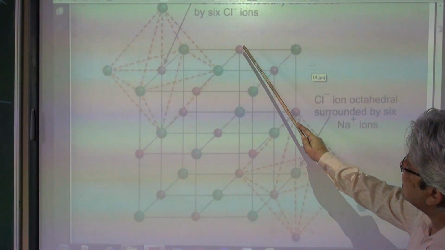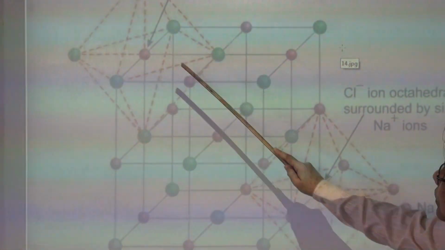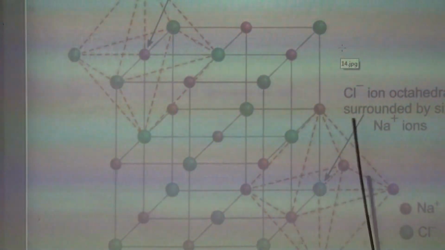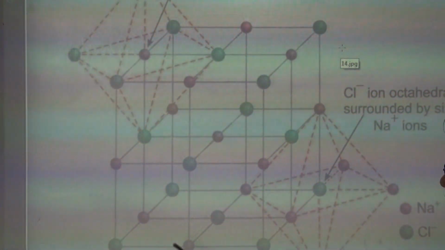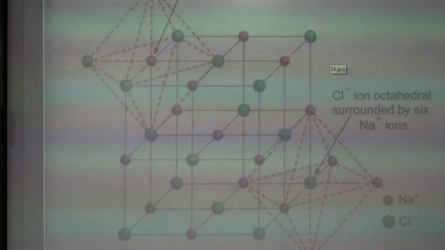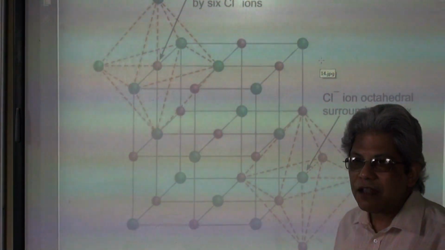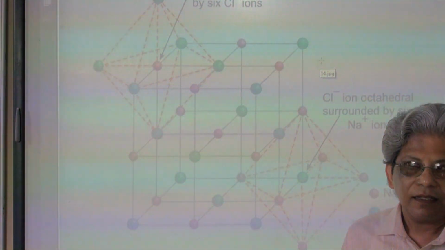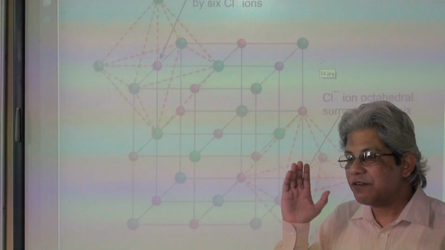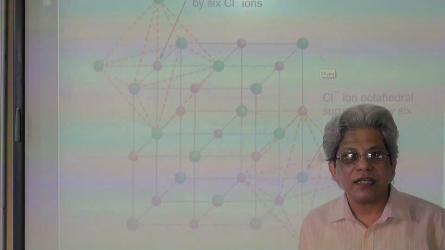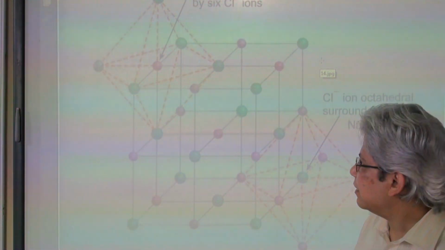So how many edges are there here? 1, 2, 3, 4, 5, 6, 7, 8 and 9, 10, 11, 12. 12 edges, 1/4 of it gives us 3.